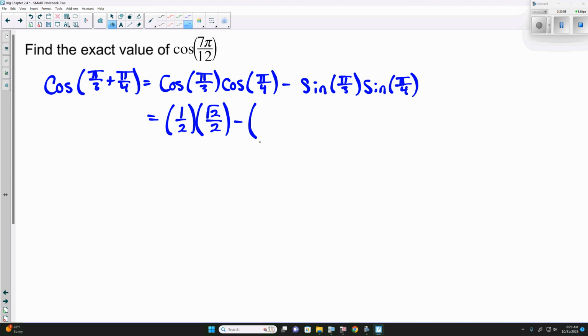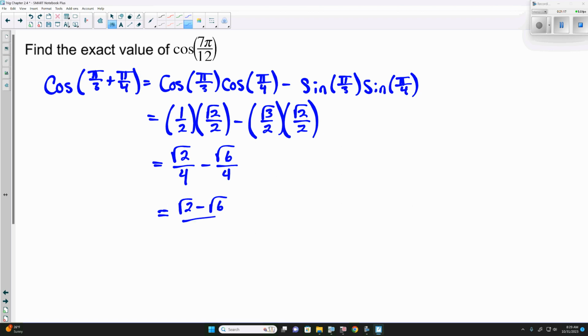Sine of pi over 3 is square root 3 over 2. And sine of pi over 4 is square root 2 over 2. And that's actually it. Questions on this here?